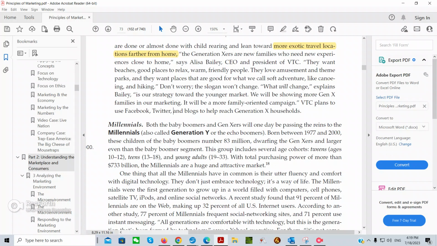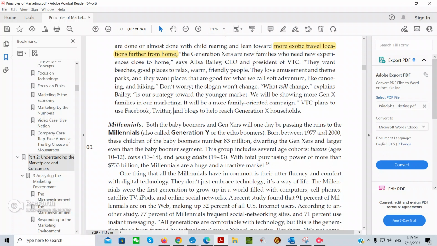Now, let's talk about millennials. Both the baby boomers and Gen Xers will one day be passing the reins to the millennials, so-called Gen Y or Echo boomers. Born between 1977 and 2000, these children of the baby boomers number 83 million, dwarfing the Gen Xers and larger even than the baby boomer segment.